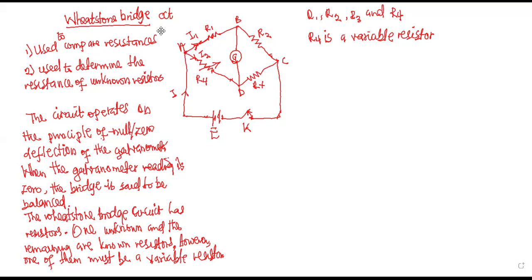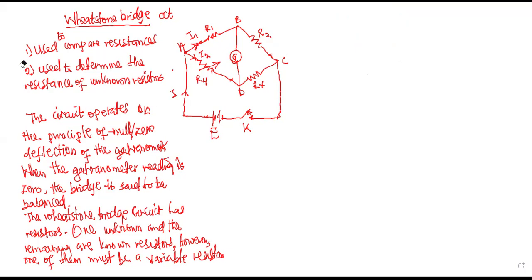Now, when the current I gets to the junction A, it will break up into I1 and I2. By whose law? Kirchhoff's current law. So we have I1, I2.